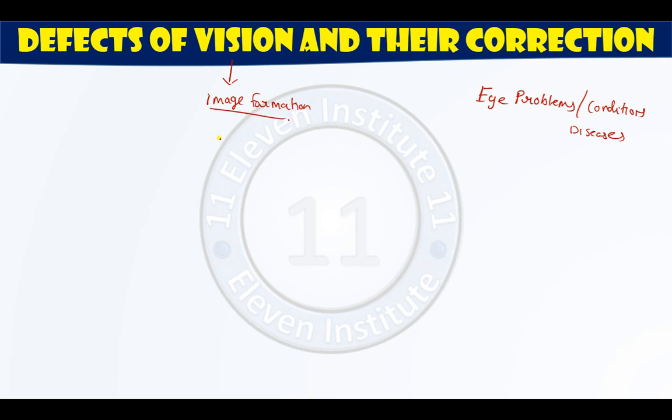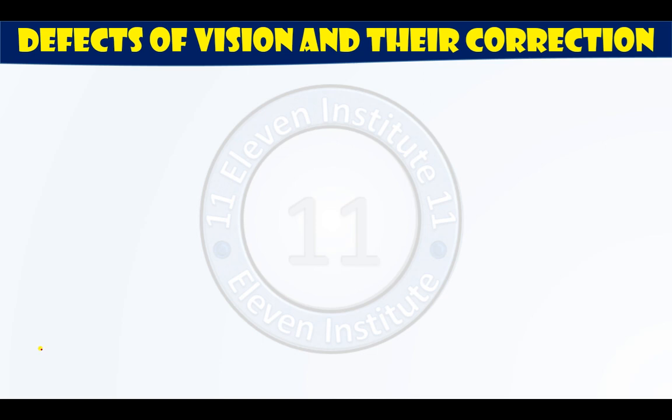For example, some of us wear glasses in normal routine, and some of us wear glasses while reading something or observing something near to us. That condition is a defect of vision. So eye conditions or diseases are a different thing, and defects of vision are a different thing. Today we are going to discuss defects of vision.